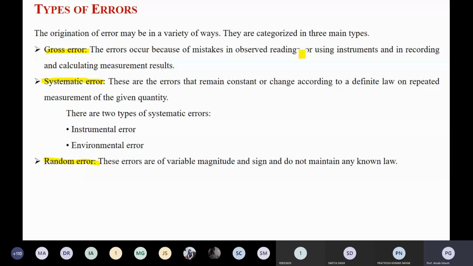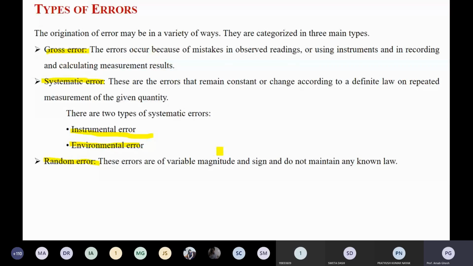Systematic error may come from two things: one is instrumental error, another is environmental error. The measuring instrument should be placed so that there is no movement of air. If there is any air movement, the result may differ because of air resistance, and it may bias the results of the measuring devices.